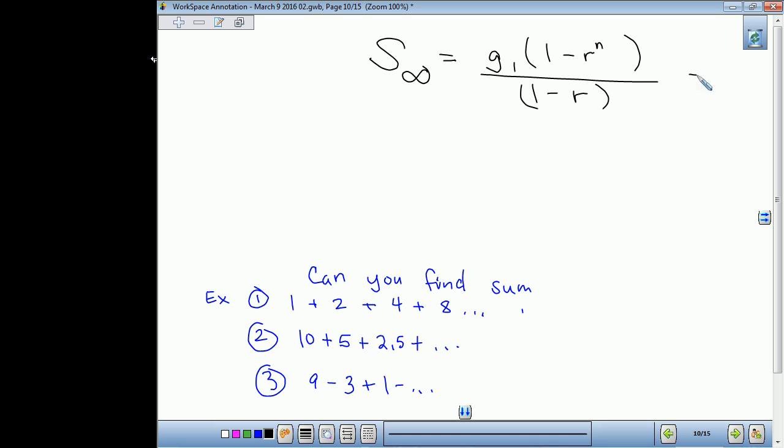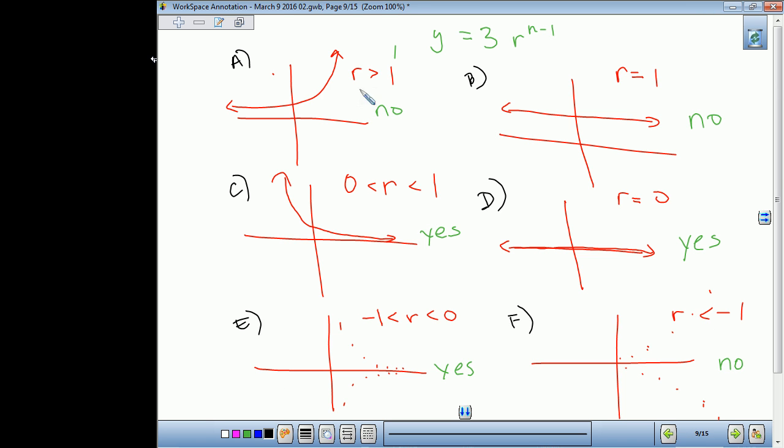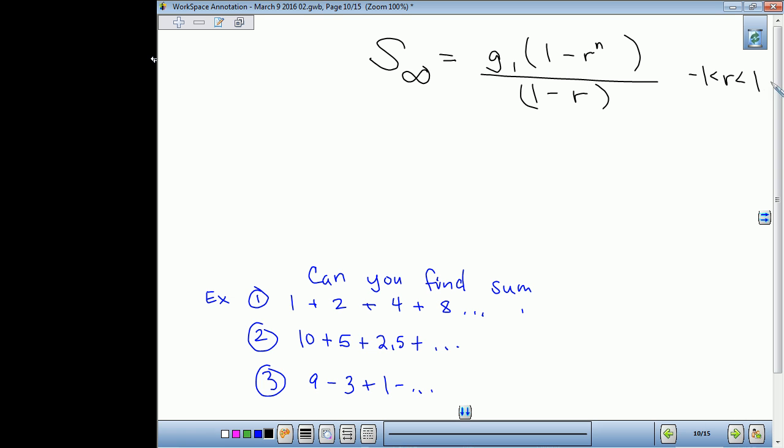We decided that to find an infinite sum, r has to be between -1 and +1. Didn't we? The only ones that work are between -1 and +1.